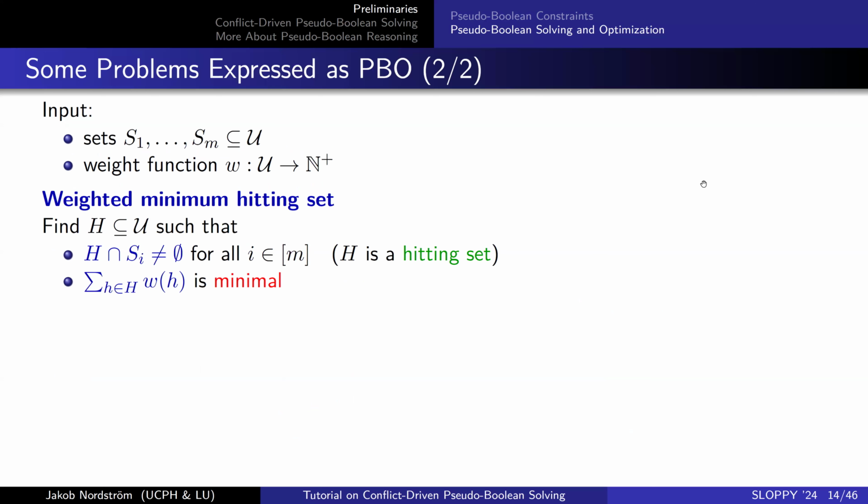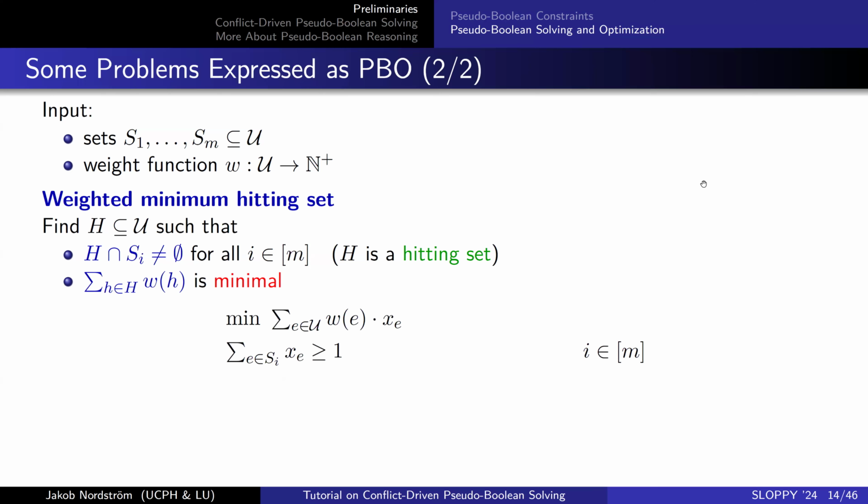The weighted minimum hitting set problem is trying to find a subset of the universe which hits all the sets. So H is a hitting set if it has a non-empty intersection with all the subsets in my collection, but the sum of the weights of the elements in H should be minimal. That's the weighted minimum hitting set problem.